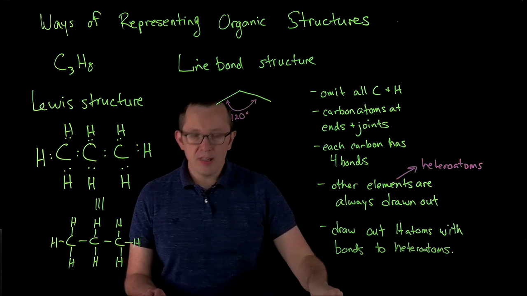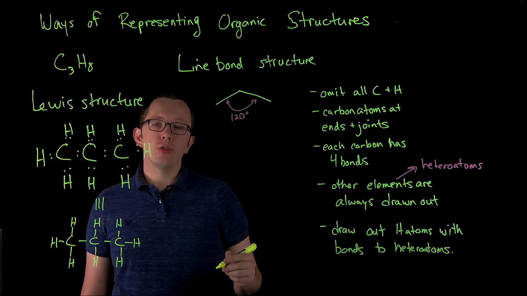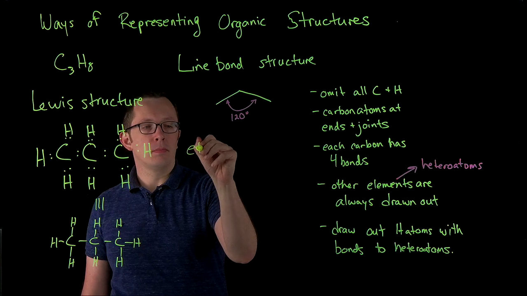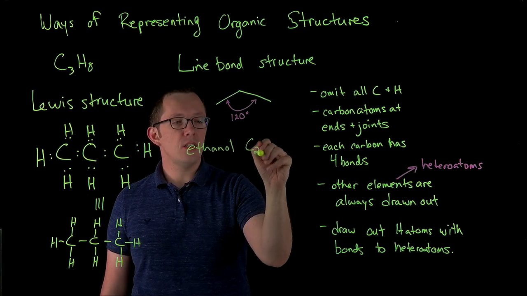Okay, so for an example of this, let's go ahead and draw out the line bond structure for ethanol. And ethanol has a molecular formula of C2H6O.